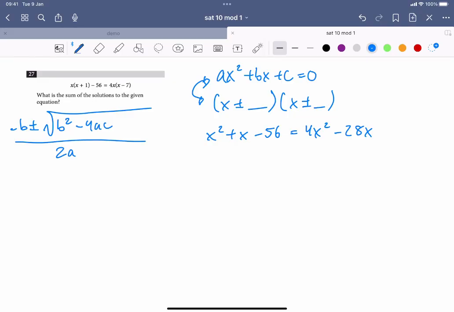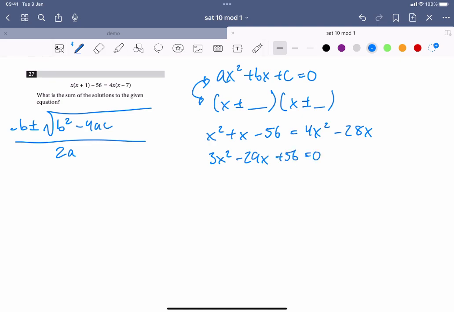So we would get 4x squared, or sorry, 3x squared minus 29x. And then we're going to add 56 to both sides. So plus 56 equals 0.